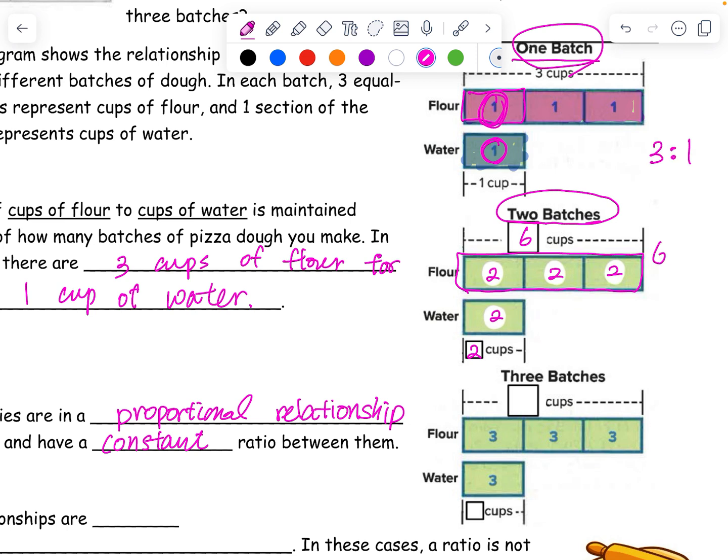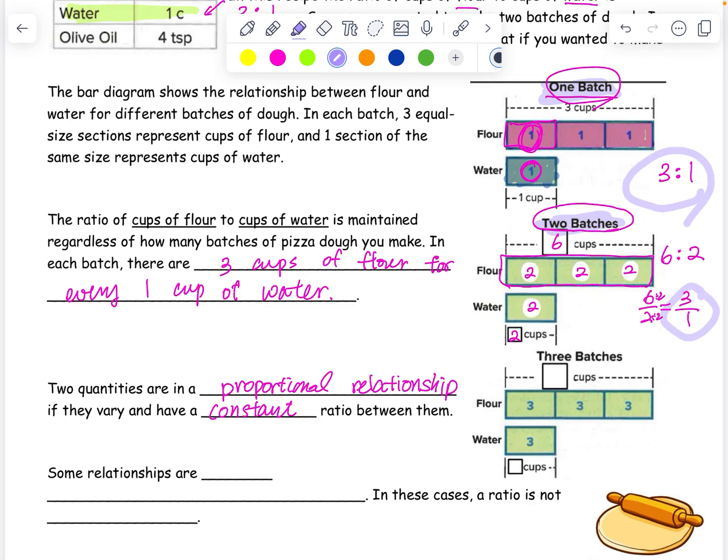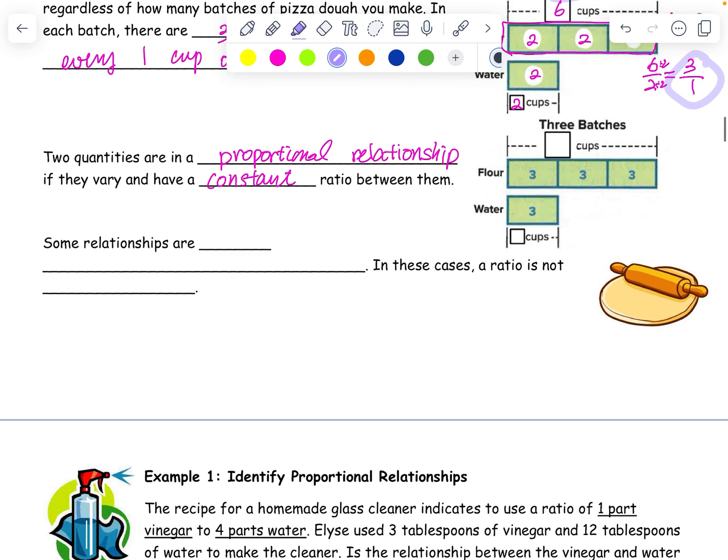And this is 6 to 2. But ratios can be written as a fraction, like 6 over 2. If you divide top and bottom by 2, it simplifies to 3 over 1. So you can see how 1 batch versus 2 batches have a consistent relationship. They have a proportional relationship.